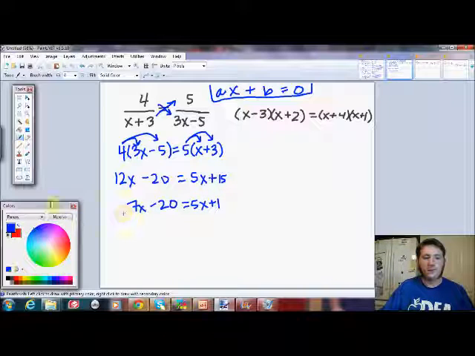Excuse me. I got distracted by erasing that, and I forgot that I'd already subtracted the 5x. Excuse the technical difficulties here. There we go. Let's white all this out. Try again.